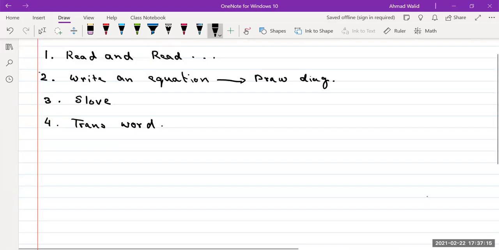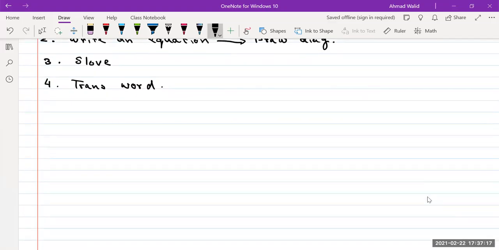To show these four steps as a process, when you are dealing with a word problem, they give you a problem in English words, correct? You translate the words to algebra or to math.